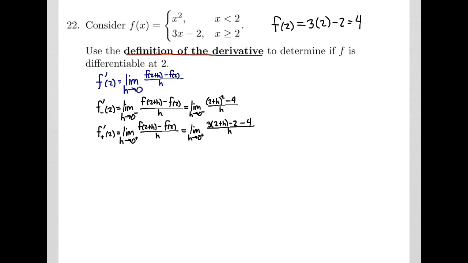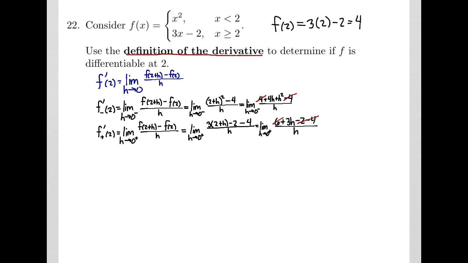Okay, so now it's algebra. I need to expand 2 plus h squared, and I'll need to distribute the 3. So I expand those terms, and now we simplify. In the first limit, the 4's cancel. In the second limit, 6, and then subtracting 2, subtracting 4, those cancel.